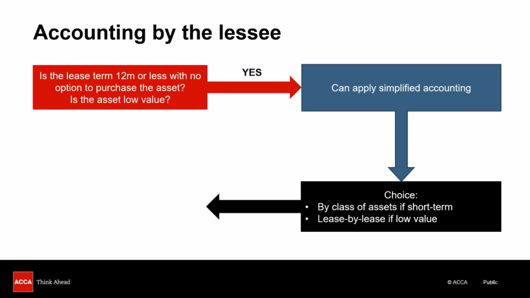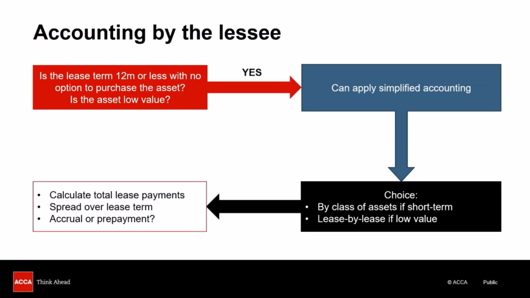Now, in case of the simplified model of accounting, if we are talking about an asset which is of less than 12 months, then we can recognize them by class. And if they are of low value, like we talk about cell phones or tablets, then we need to classify them on a lease by lease basis.